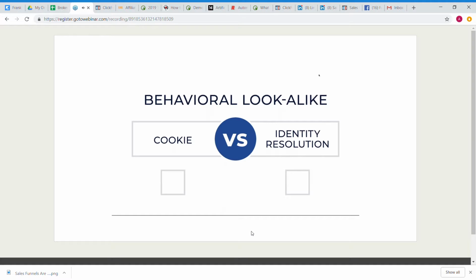So what we're asking them to model is going to be pure and less diluted. And that's the reason why, on average, we produce 25 to 75% less cost per click, therefore less cost per sale, using identity resolution. Okay?